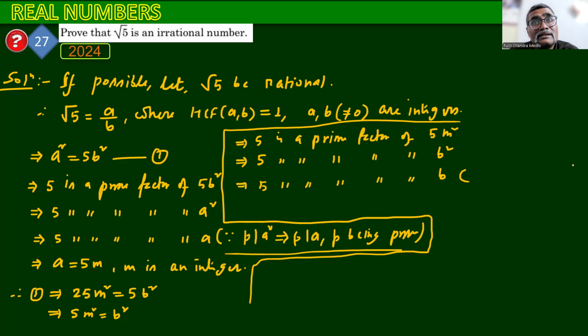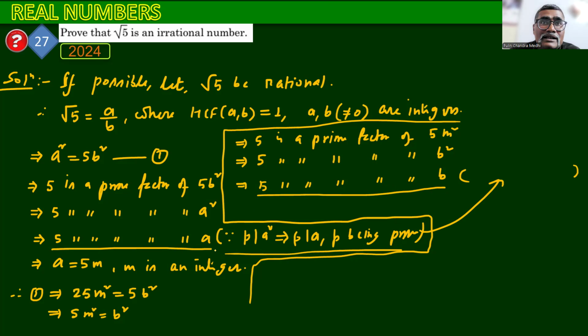Now again you will state the theorem here. This theorem only. So now it is very important. This is showing 5 is a factor of B, and this is showing 5 is a factor of A. So the conclusion is what?